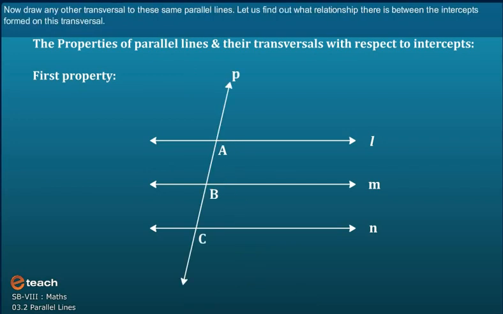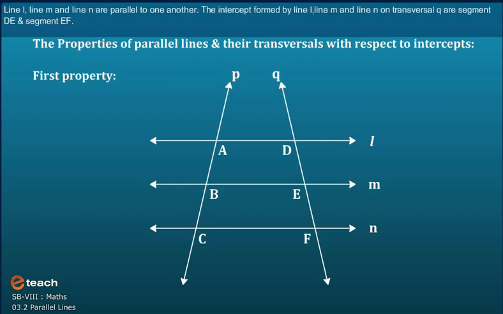Now, draw any other transversal to these same parallel lines. Let us find out what relationship there is between the intercepts formed on this transversal. Line L, line M and line N are parallel to one another. The intercepts formed by line L, line M and line N on transversal Q are segment DE and segment EF.